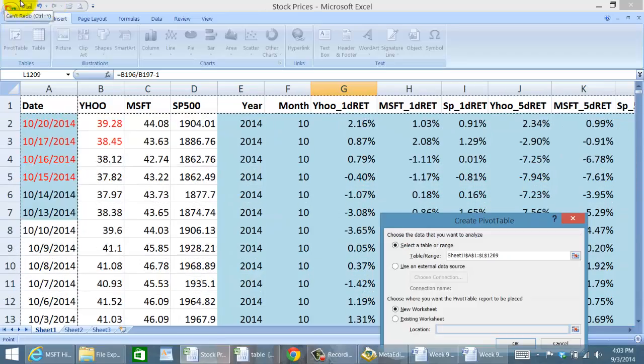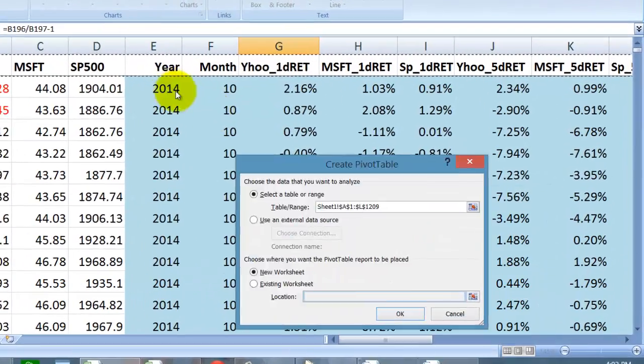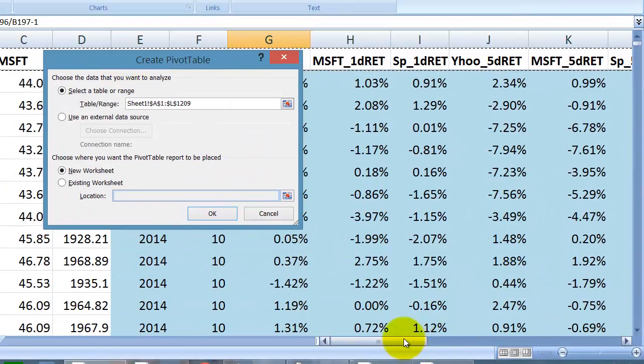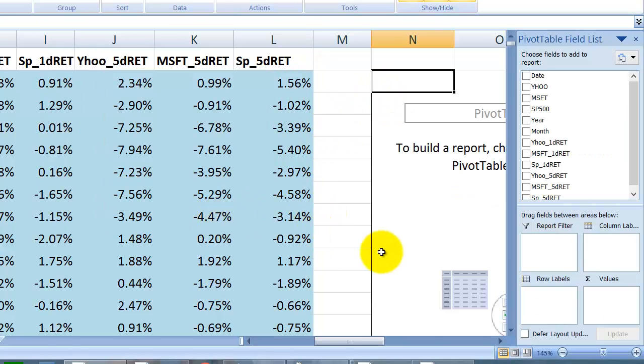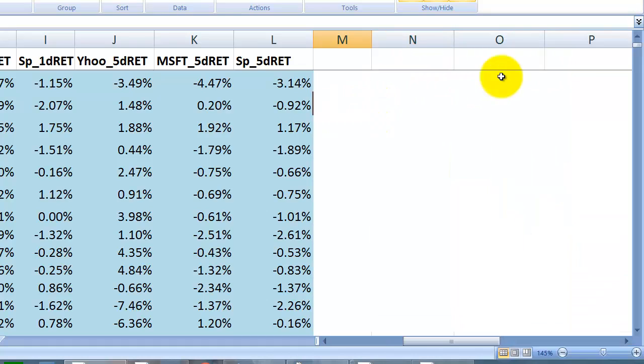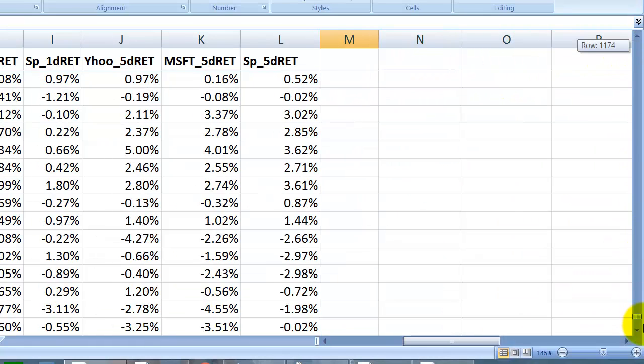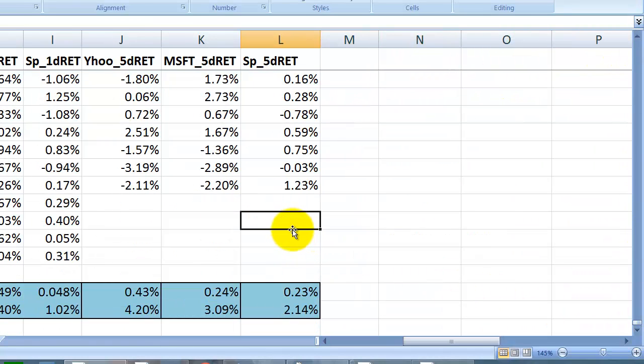Yes, here's what we want. So sometimes we have to do it manually. Existing worksheet. Okay, I put it here. Let me double check. I delete that one.